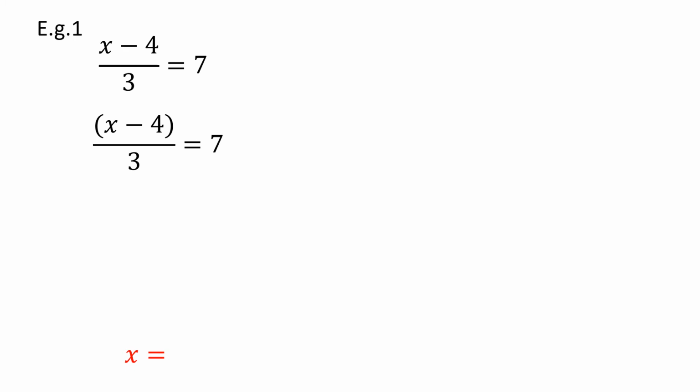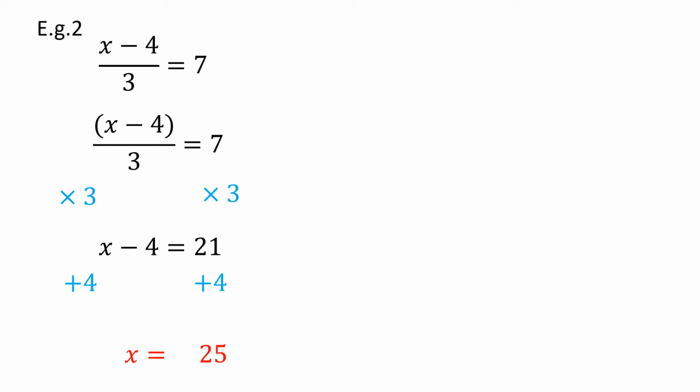So the first step that we're going to take is multiplying through by 3 on both sides, which will give us x minus 4 is equal to 21. Then we simply add 4 to both sides. Remember, we're doing the inverse operation each time, which will give us 25.